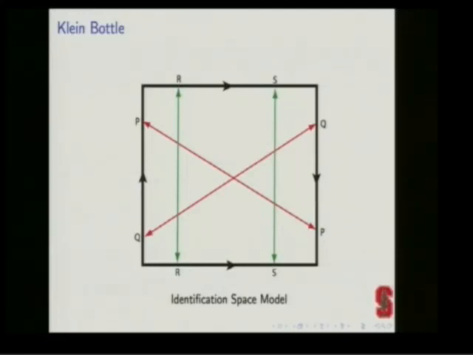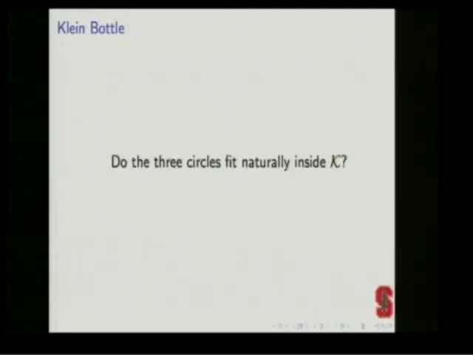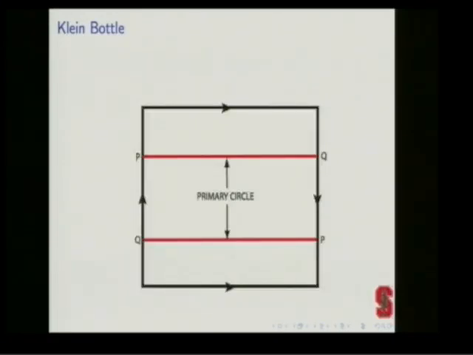And so the question now is, well, what about the three-circle model which we've built? Does it fit somehow naturally into this Klein bottle? Well, here's the primary circle, and I've recolored it to red here. You'll notice that it is a circle, right, because the P is glued to the P and the Q is glued to the Q. Okay.